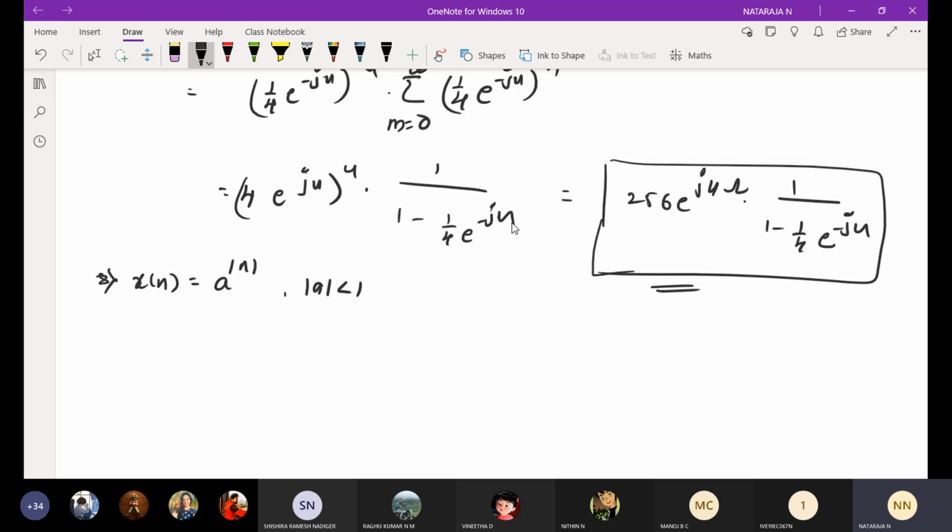Then you will have a standard equation, and you can substitute it. Got the idea?